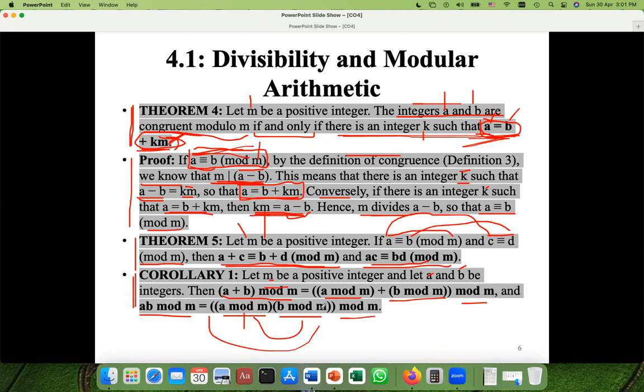Here b you divide by m and get a remainder. You multiply these two remainders and get a resultant value. That resultant value you divide again by m and then you get finally the answer of this thing.